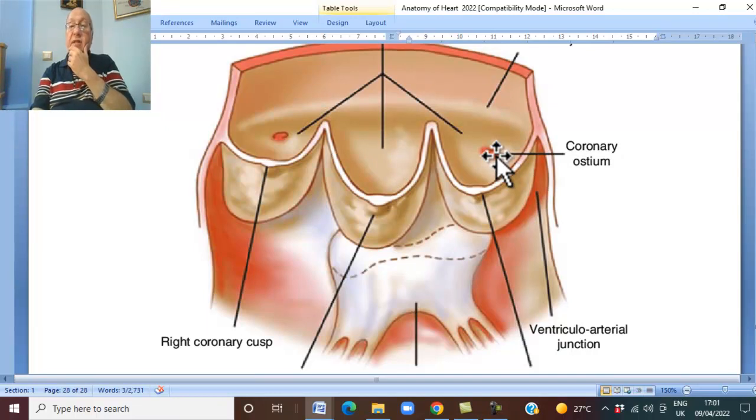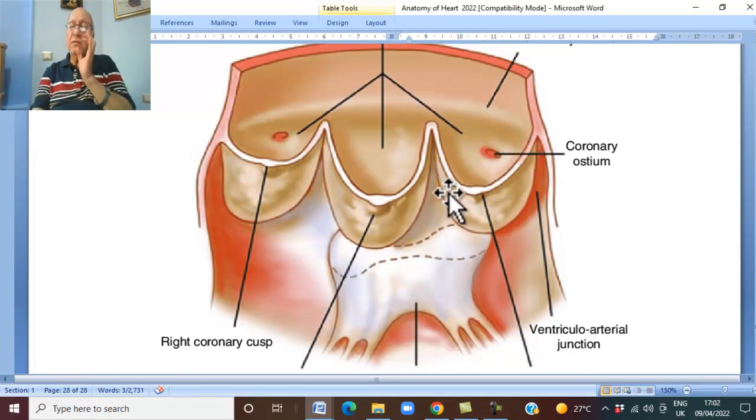The free margin of the cusps is directed upward towards the lumen of the ascending aorta.